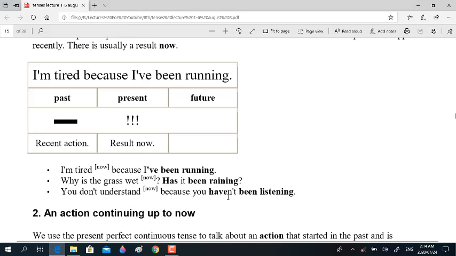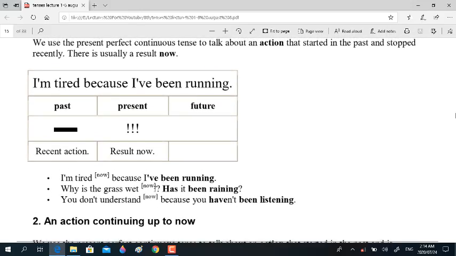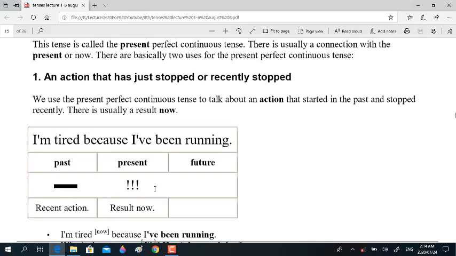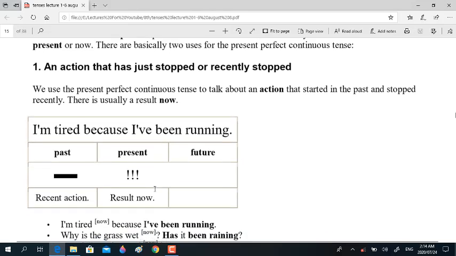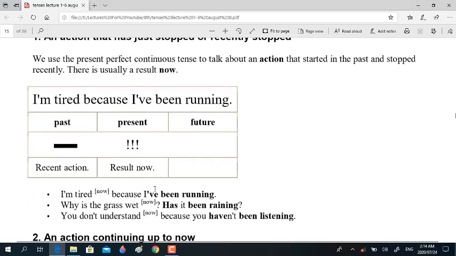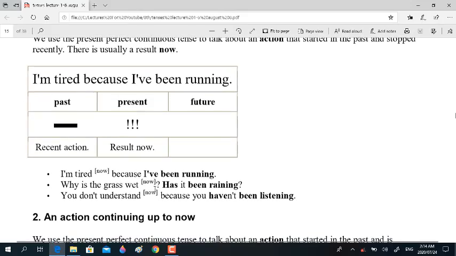This may be the reason, because you haven't been listening. That is why you don't understand. So this is really an interesting thing, to look at the use of this tense, that it talks about an action that has just stopped or recently stopped. And you see the impact.